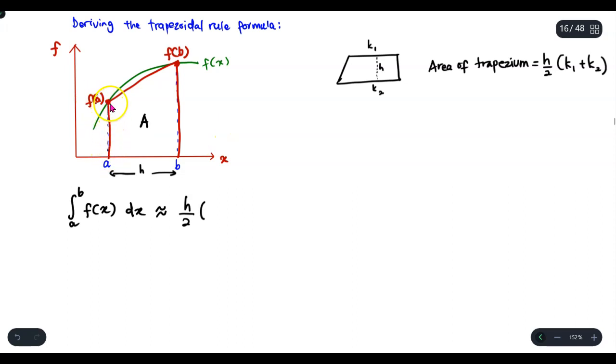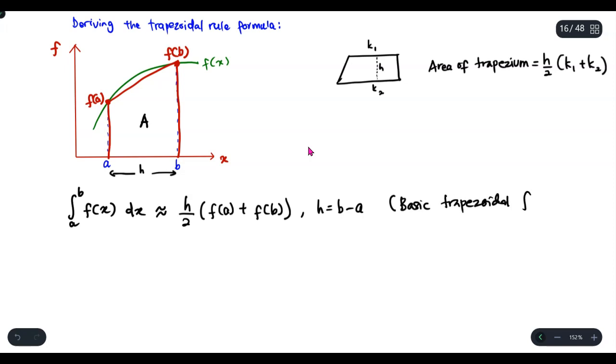The distance here is FA, and this longer distance here is your FB. So now we have FA plus FB, where h equals b minus a. So this formula is the basic trapezoidal formula.